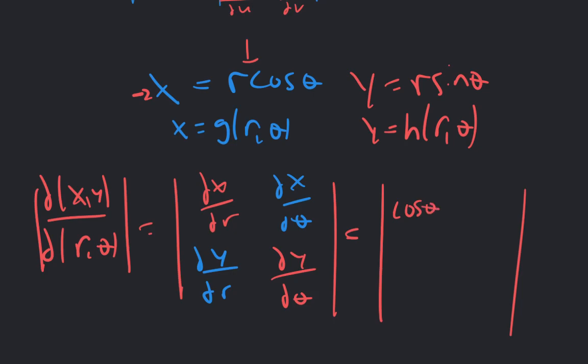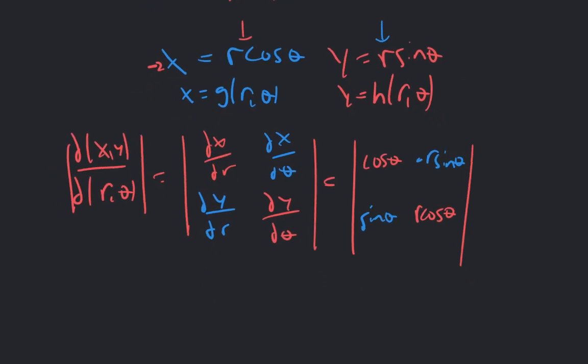If we differentiate with respect to theta, we get minus r sine theta. Now we differentiate y with respect to r, we get sine theta. And now we differentiate with respect to theta, and that's r cosine theta.